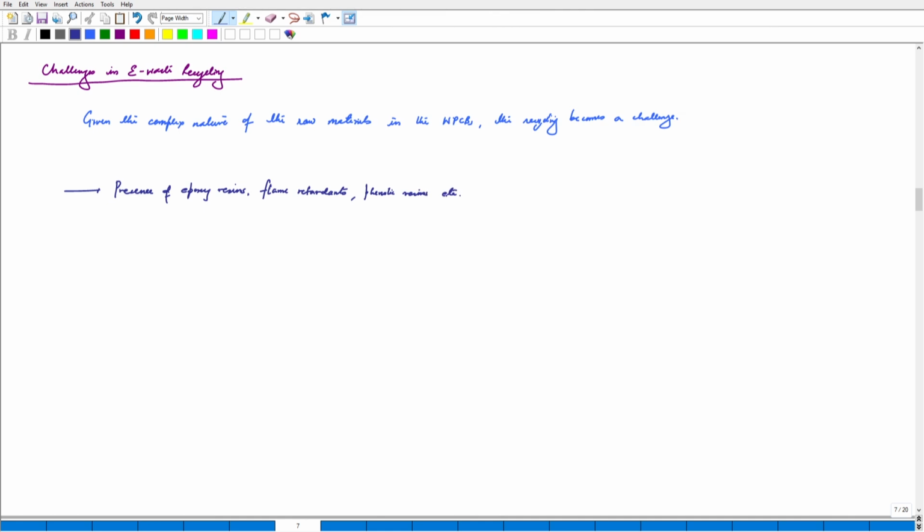So these materials are added to basically keep the material safe. So flame retardant is added. Why? Because we don't want the PCB to catch fire during its operation.